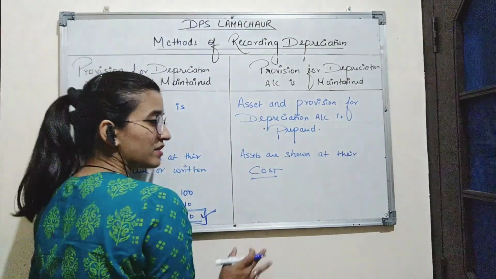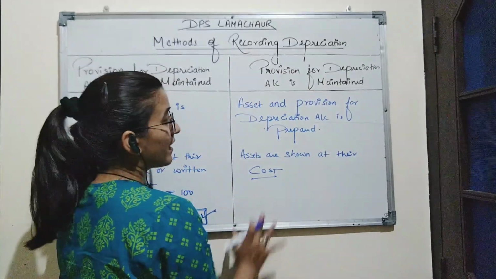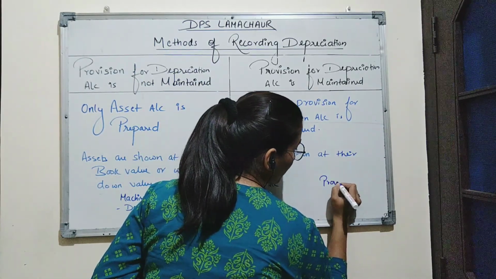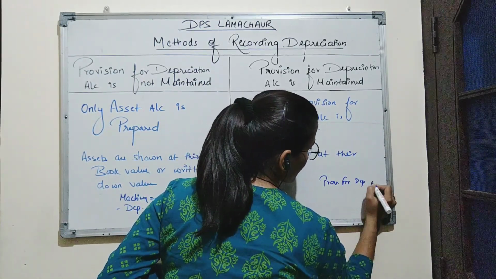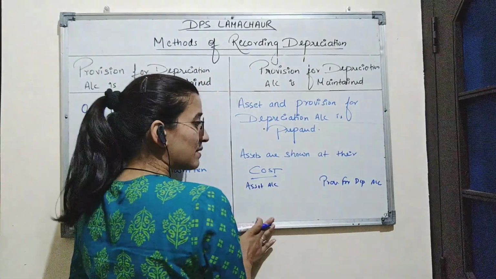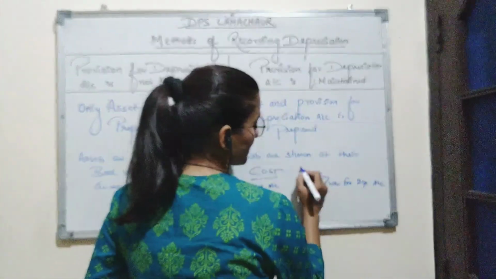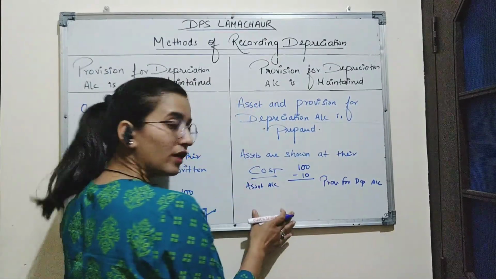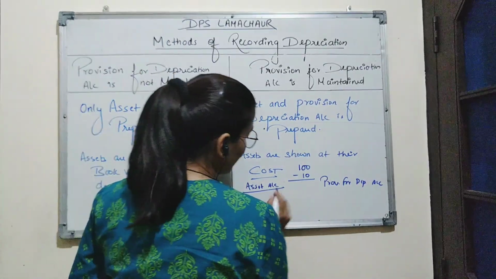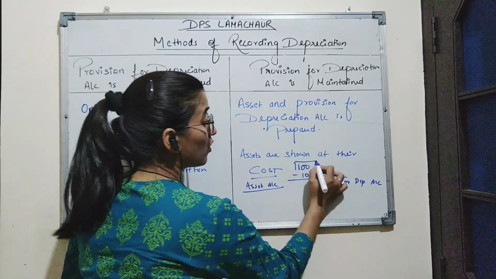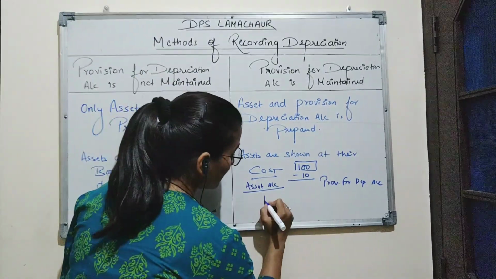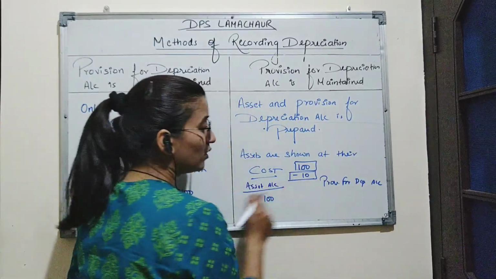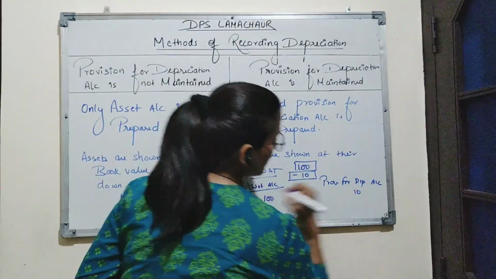Whereas in the provision for depreciation method, the accountant prepares the asset account and the provision for depreciation account. Let's take the same example. If the cost of machinery is rupees 100 and its depreciated value is rupees 10, here the accountant in the asset account will show the asset at cost value, and he will show this depreciated value in the provision for depreciation account.